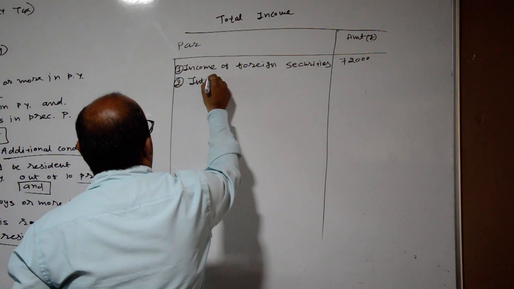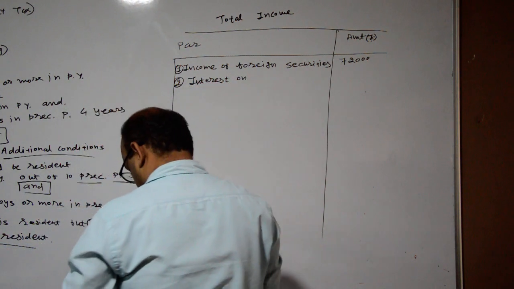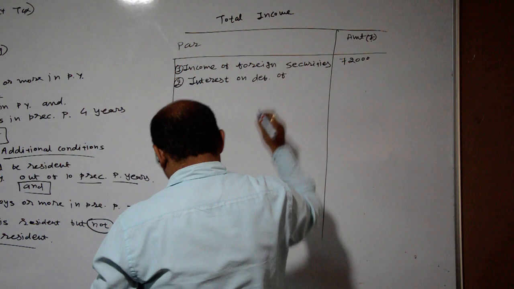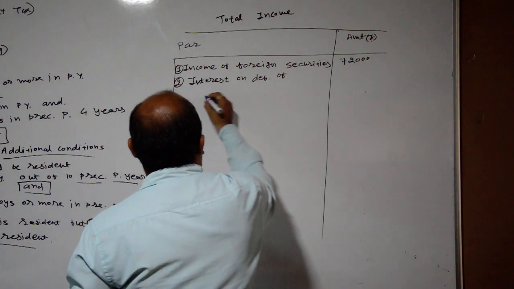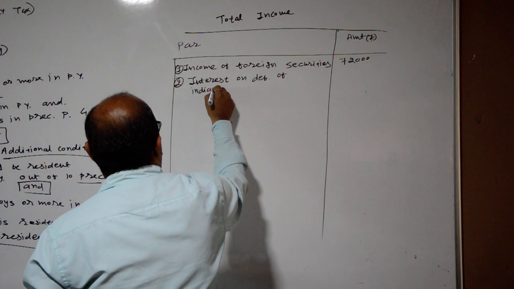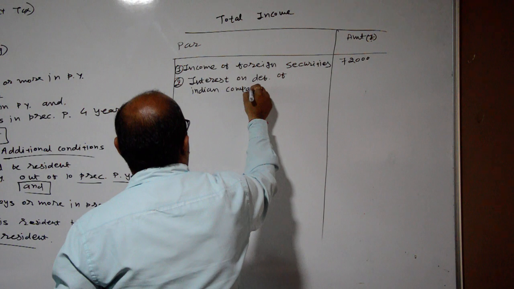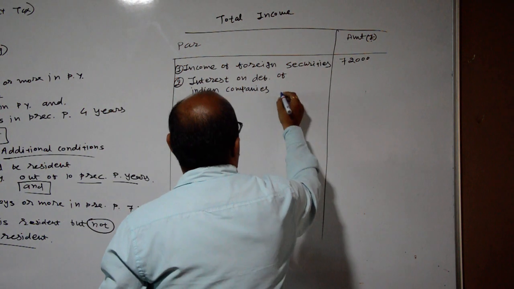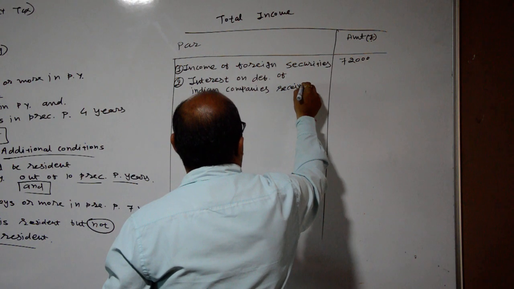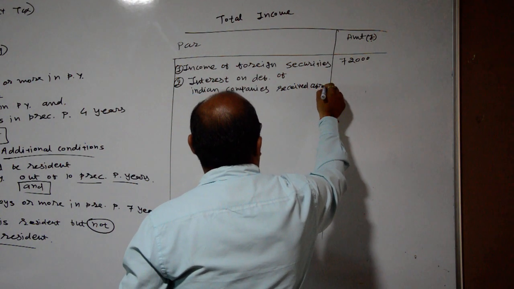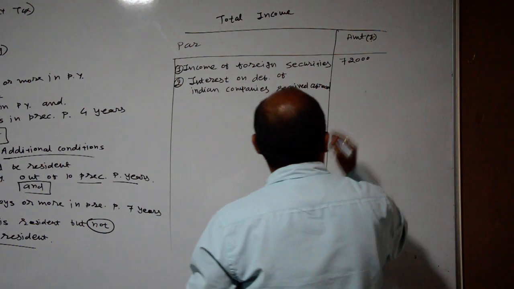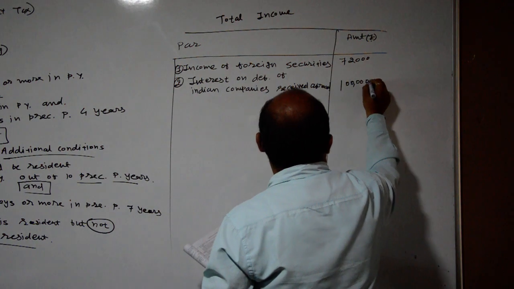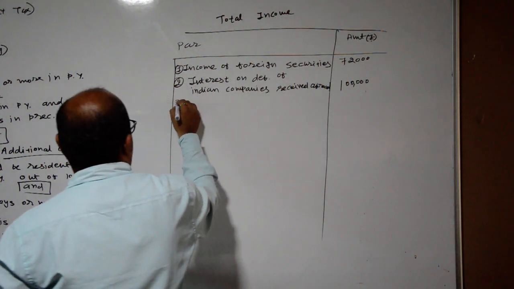Interest on debentures of Indian companies received abroad. How much amount? Rupees 1 lakh.